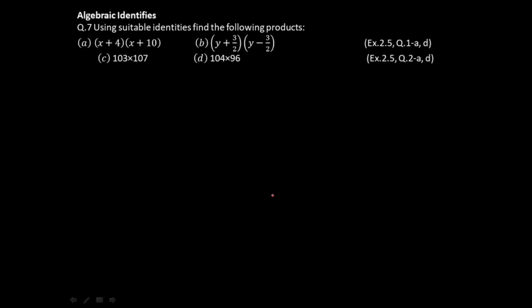The next part, part C, can be solved in this way. This 103 can be written as 100 plus 3, and 107 will be written in this way. So just guess, my dear, which identity I can use here.